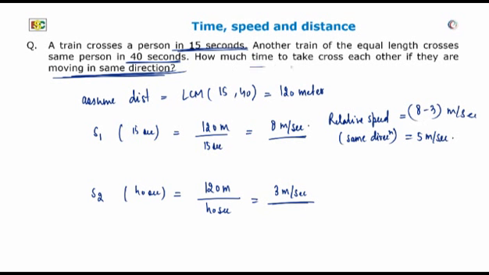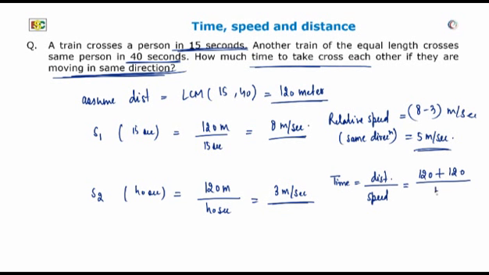We have to calculate the time to cross each other, so time will be equal to total distance upon speed. Now distance is 120 plus 120, for the first train and the second train, upon speed, that is 5, and this is equal to 240 upon 5 seconds, or 48 seconds. That is our answer.